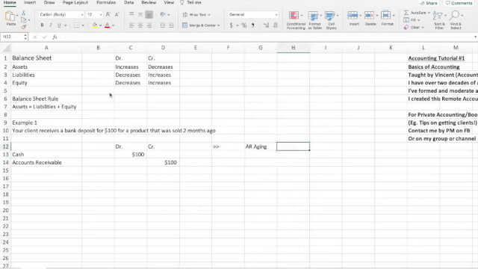So here we'll say it's right on the cusp, 60 days old. On the AR aging, before this transaction happened, this was somewhere within 60 days, maybe a little bit less than that, of course. This was on the books for $100, that you needed to collect. When you finally book this entry on the accounts receivable, that's going to take it off your aging report, so that way it's no longer there. So that will of course be zeroed out, and you're going to be okay on your accounts receivable.